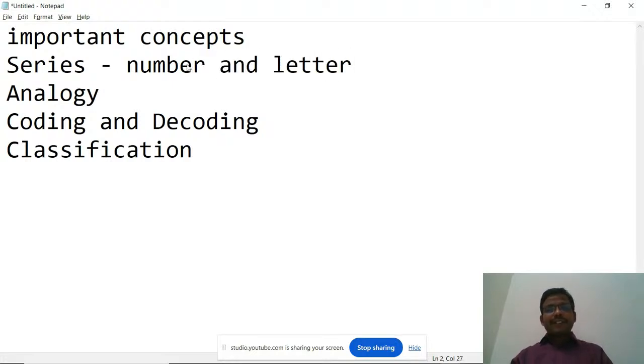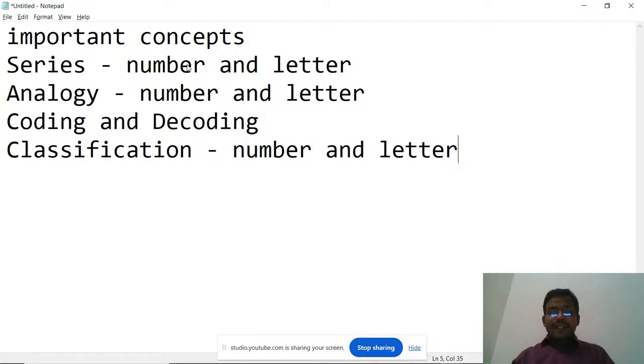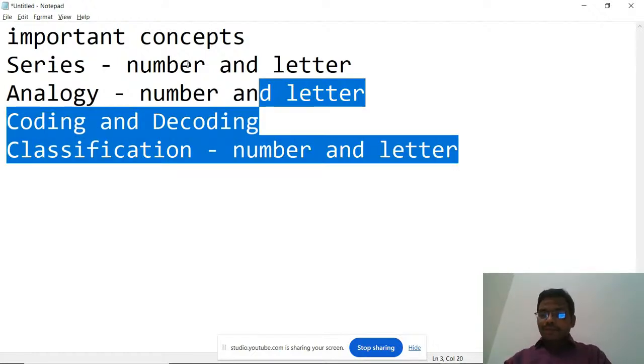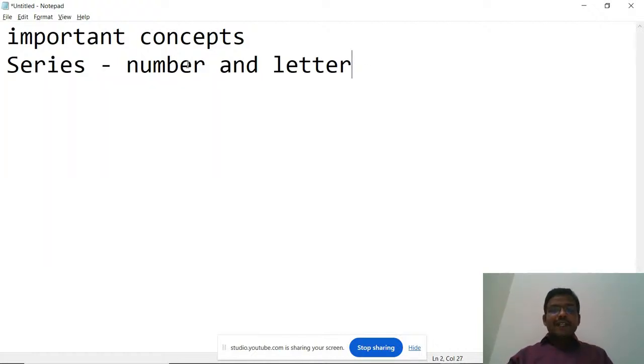So it means number series and letter series. Similarly, number analogy and letter analogy, coding and decoding, number classification and letter classification. Classification means odd one out. In this video, we are going to discuss number series and letter series.